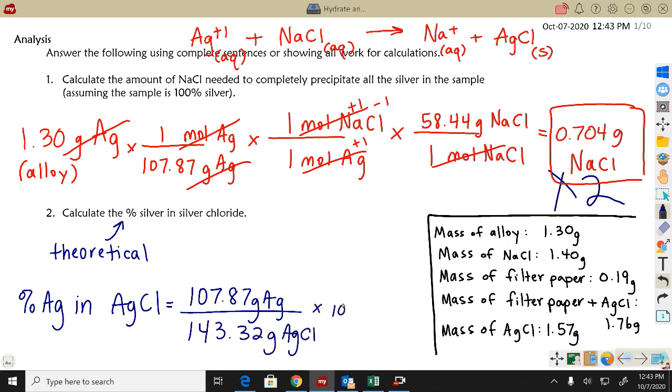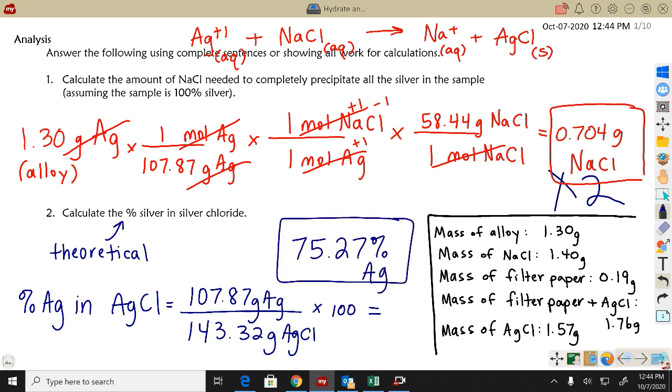We'll plug it in, we'll multiply by 100 to make it a percent. And because these numbers are not lab figures, like I did not measure any of these, when you're reporting a percent like this, you can just go 2 decimal spots. That's plenty of precision. That's going to leave me with about 75.27% silver.